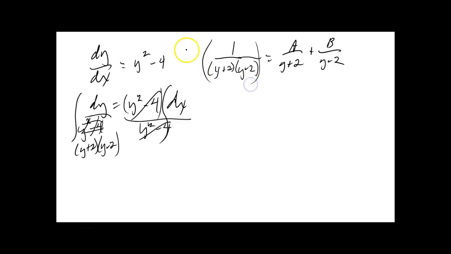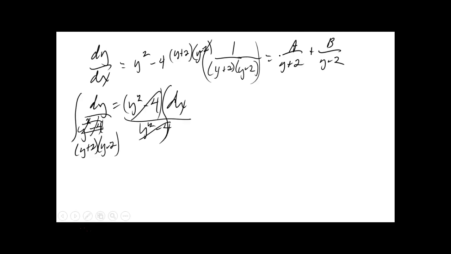Yeah, let's multiply both sides by y plus 2 times y minus 2. Multiply this by y plus 2 times y minus 2. I wish I'd left more room. Multiply this by y plus 2 times y minus 2.